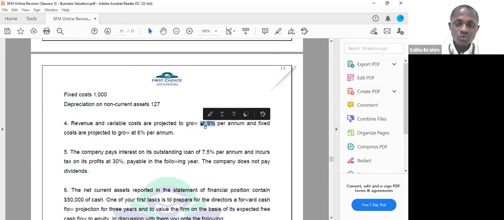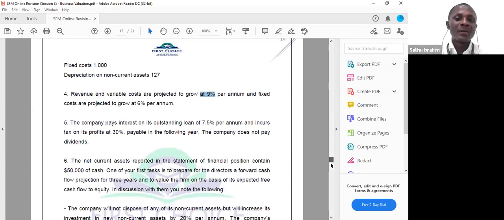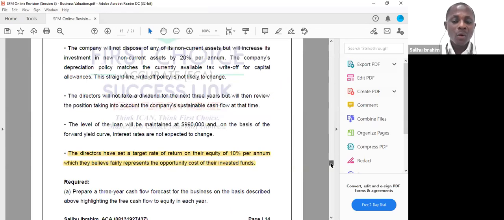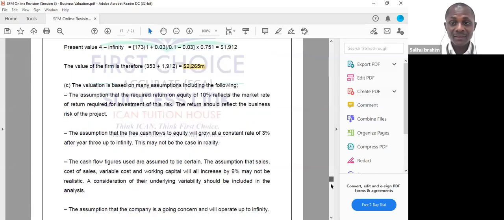These are some of the assumptions that we have made that pose a limitation to our computed market value of equity in this question. Okay, so there's that about the solution to question 3.